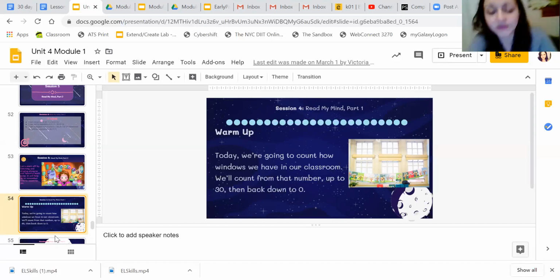I have two windows. And remember, when we start our warm up, we start at the number that we have, and then we count all the way up to 30. So let's see if we can do it. I'm gonna start at 2 because I have two windows in my room, and I'm gonna go all the way up to 30, and then we're gonna go all the way back down to 0. Ready? On your marks, get set, go.